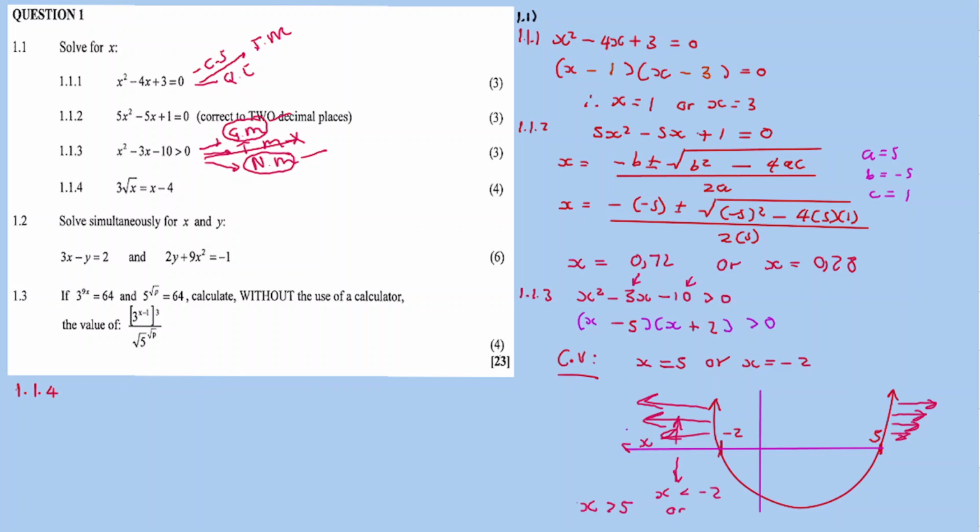So let's go to 1.1.4. 1.1.4 is a surd equation. Why do I say this is a surd equation? Because of the square root in the equation.